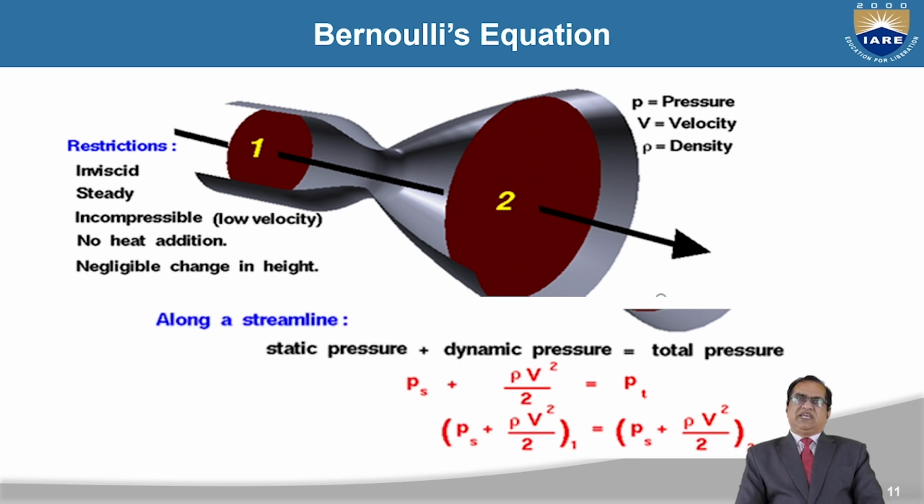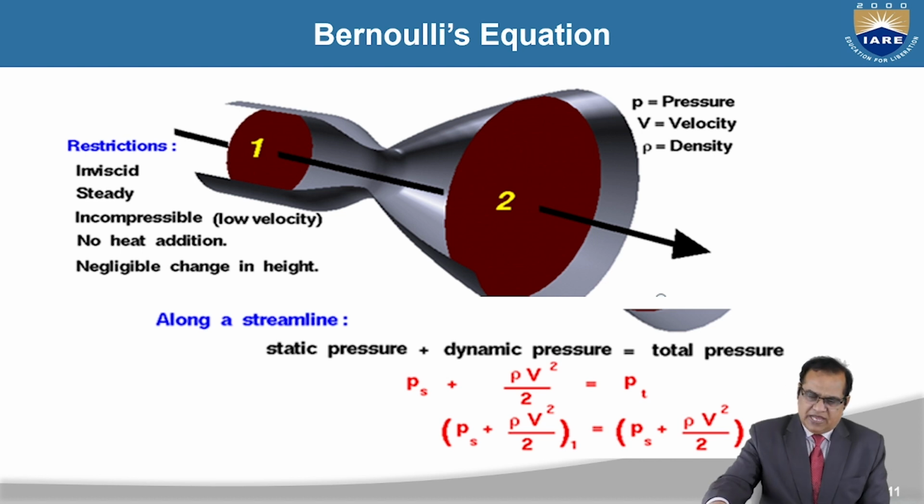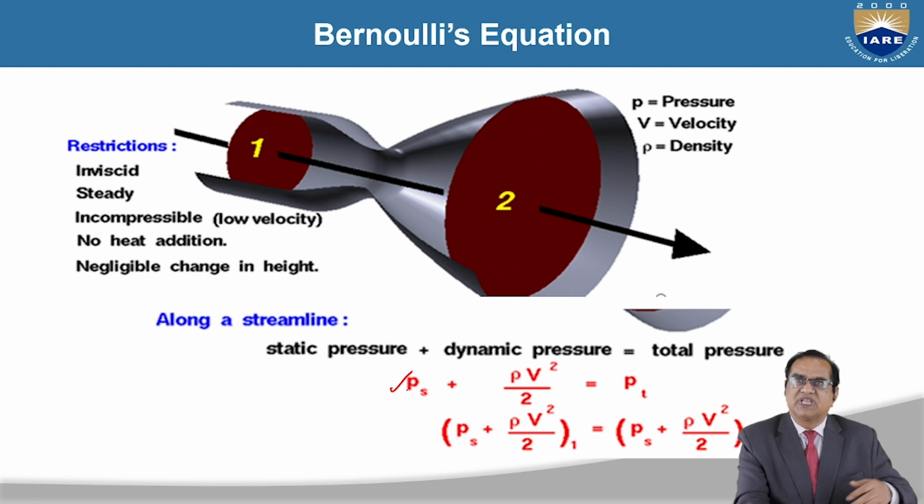We know that along the streamline from 1 to 2, the static pressure plus dynamic pressure is equal to total pressure. Static pressure is denoted by PS here, and the dynamic pressure, half rho V square, added to it is equal to total pressure. So we can write at 1 and 2, PS plus half rho V square at 1 is equal to PS plus half rho V square at 2.